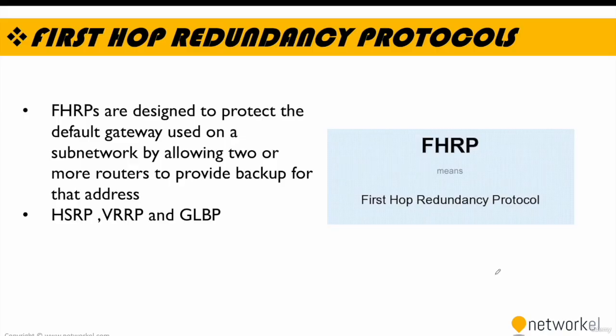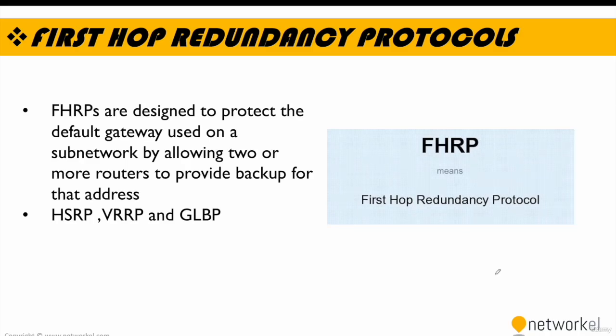We have VRRP, that is an IEEE standard, and that is similar to HSRP. It allows multiple routers to share a virtual address with one router acting as the master and the others as backups. And I have the GLBP, Gateway Load Balancing Protocol.